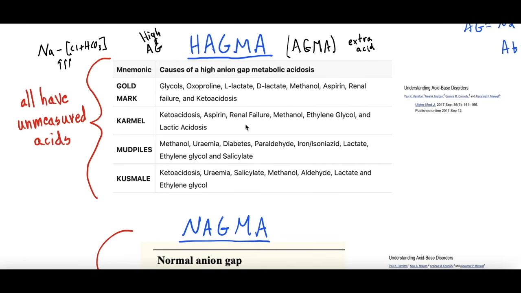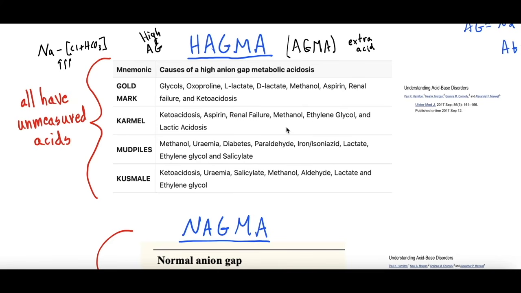So they all have unmeasured acids. These are some mnemonics people use: Goldmark, Carmel, Mudpiles, Kurzweil. But the similar thing here to remember is all of them have extra unmeasured acids being produced, right? So G is glycols, O is oxaloproline, lactate, methanol, which goes to formic acid, salicylates or aspirin, renal failure, keto acids, etc., etc. And this is kind of just all similar things, but they all produce unmeasured acids.